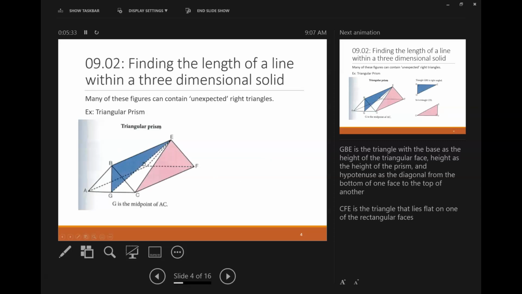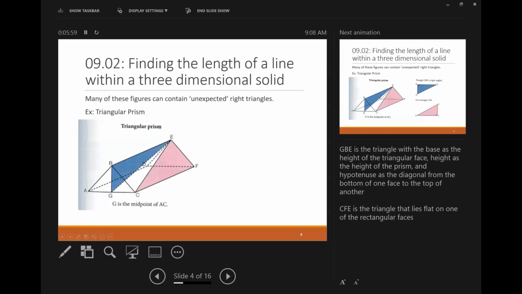So here's a triangular prism. Again, this one, the pink one, should be easy to see because it's just half of one of these rectangular faces. But we have this triangle that runs down the middle of my prism, where again, we know that these faces all meet at 90-degree angles.